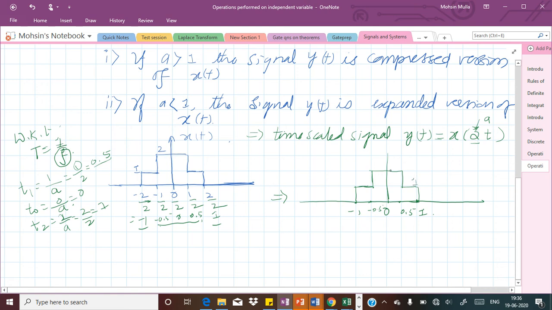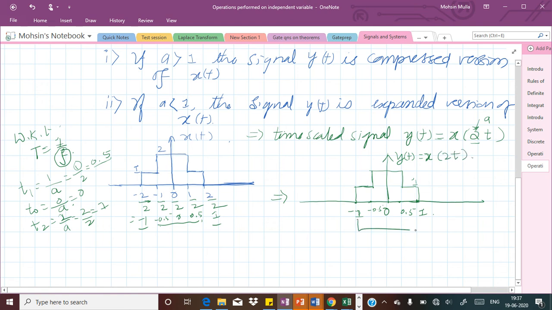So this is what the new signal will look like. What has changed is that the total time of the signal has been reduced by half. Here this is y of t, and y of t is nothing but x of 2t.